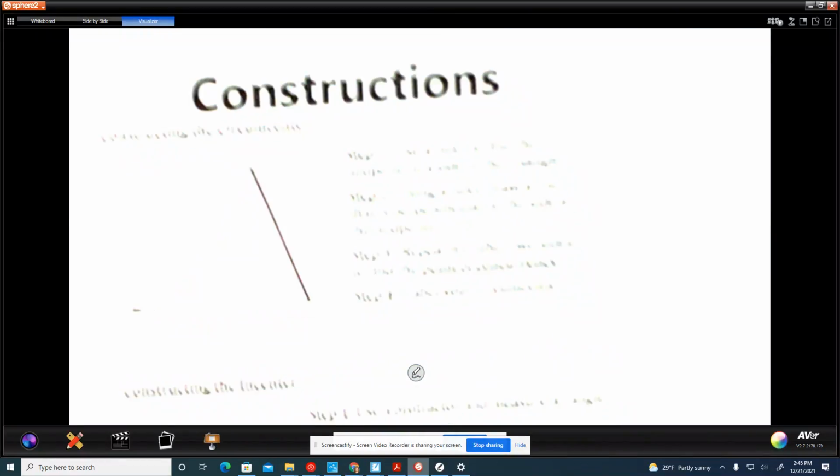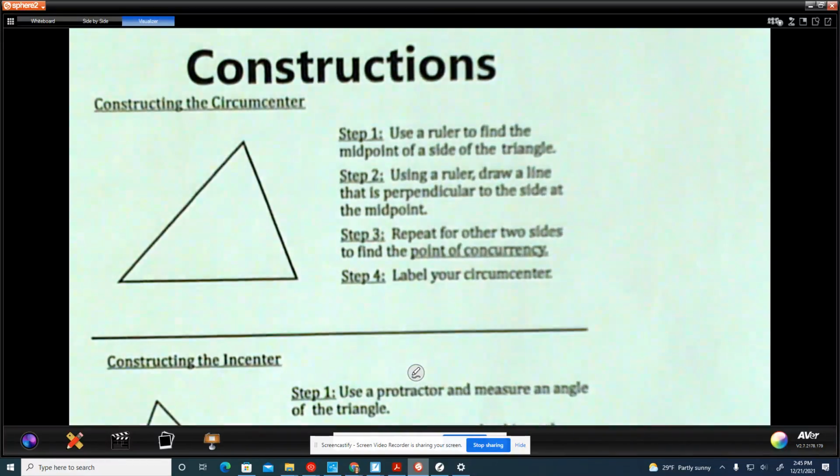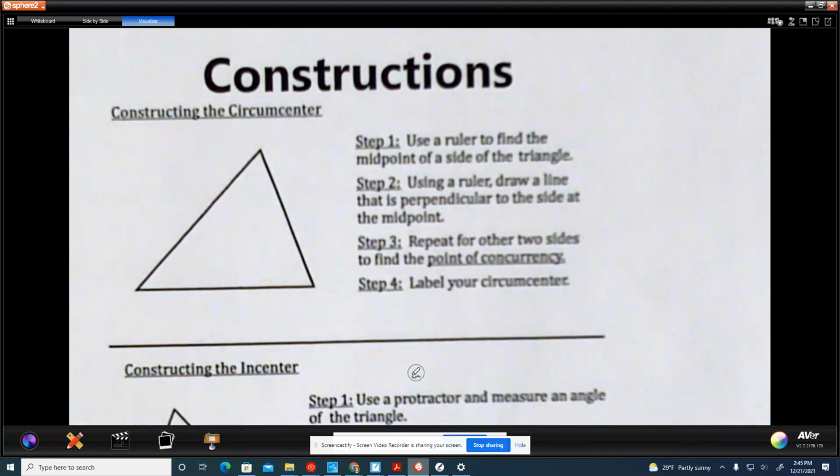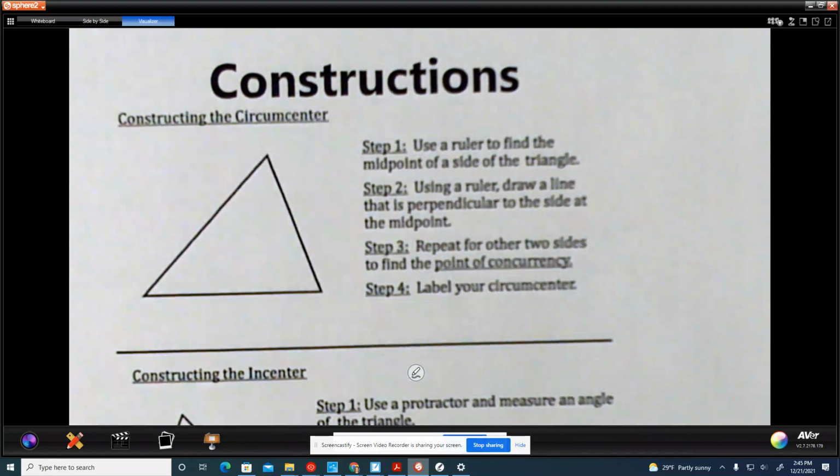Okay, let's do the circumcenter first. So we're basically just going to use the protractor because it also has a little ruler to estimate the midpoint, even though there are ways to actually construct the midpoint with a compass. We've done it before, I think. So basically we're going to use a ruler and find about halfway on each side.